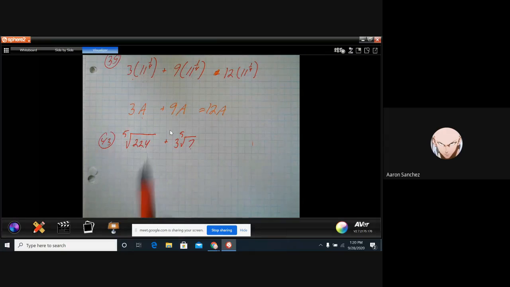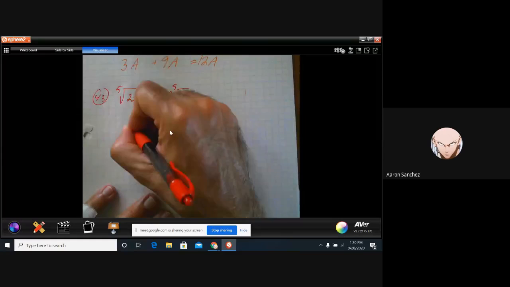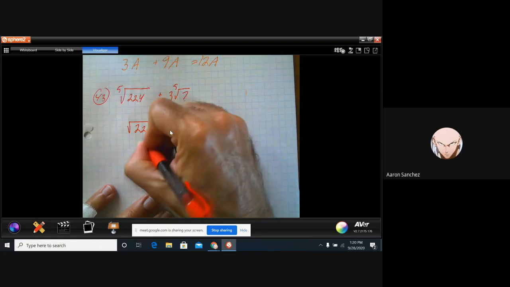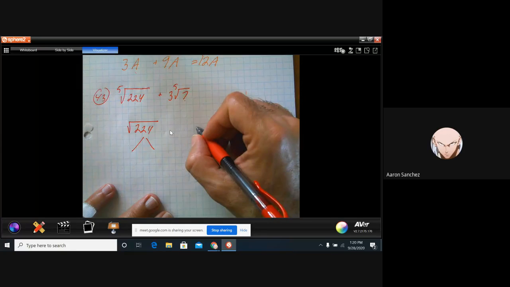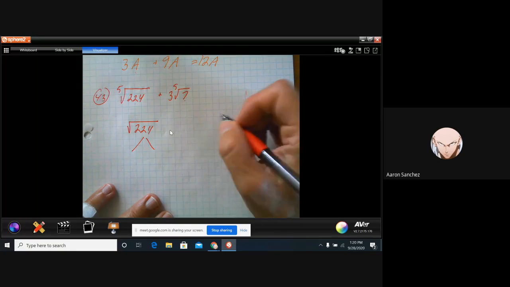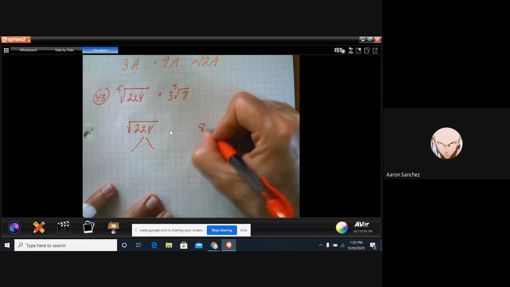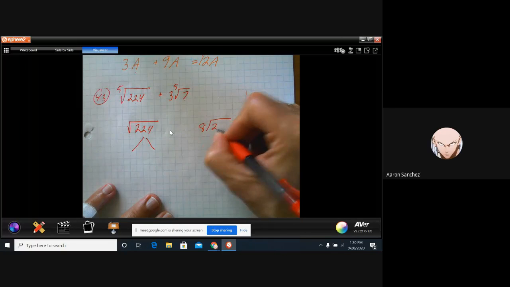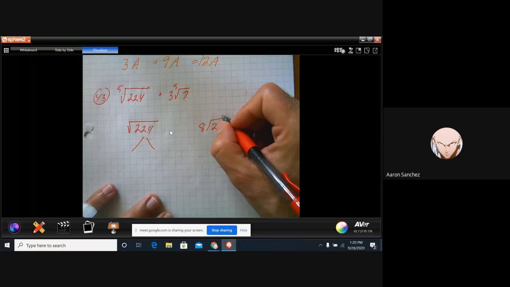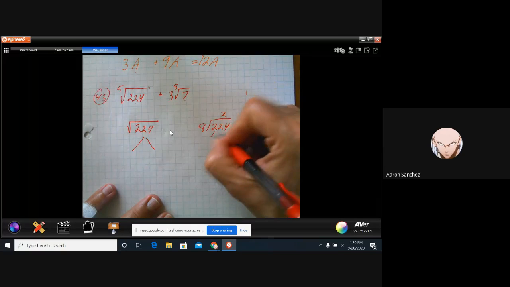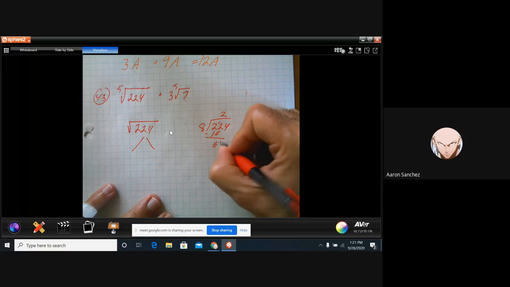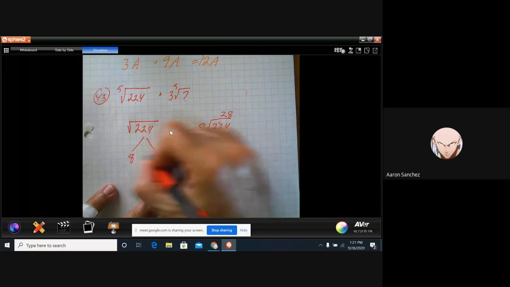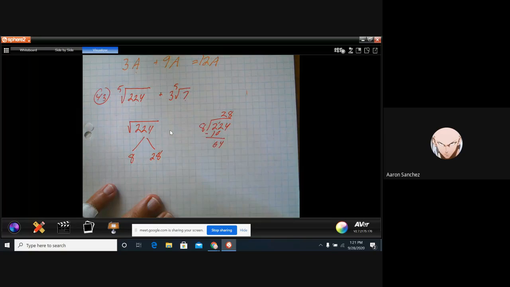Now, let's see if we can simplify the 5th root of 224. Let's do our little factor tree. 224. What goes into 224? 2 does. 4 probably does. Let's try 8. Does 8 go into 224? 8 times 28 equals 224.